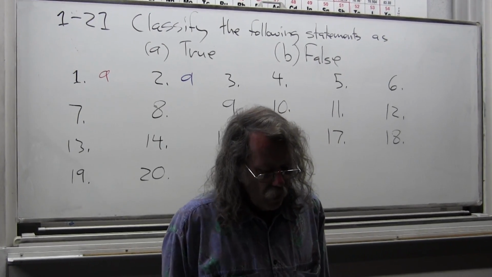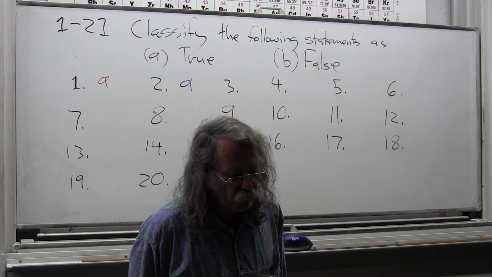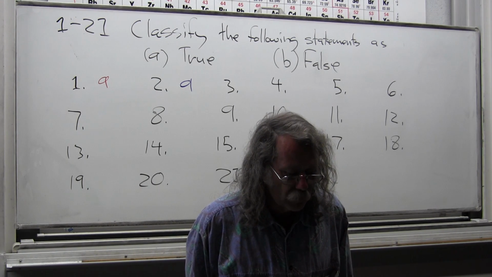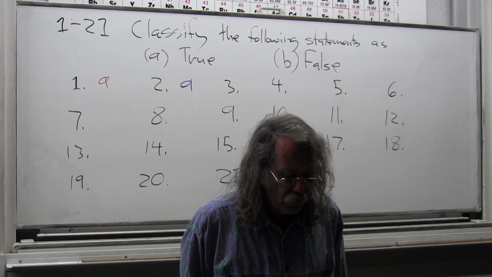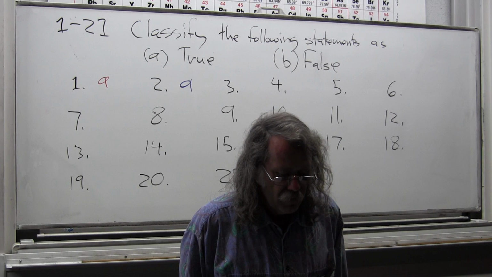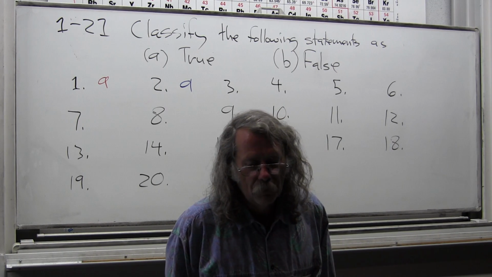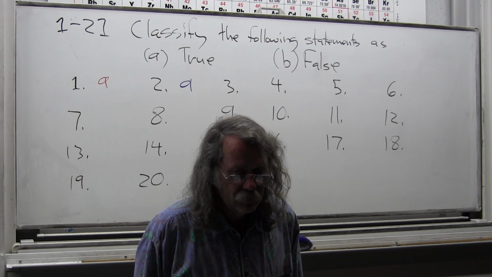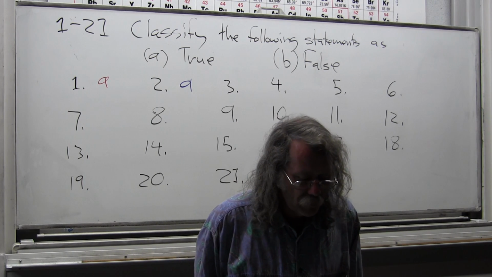Now, number 3. In oxygen, the repulsive interactions between the sigma 2s orbital electrons and the sigma 2pz orbital electrons drive the sigma 2pz energy above the pi 2p energy. Well, this is false, but why? It's quite the opposite.